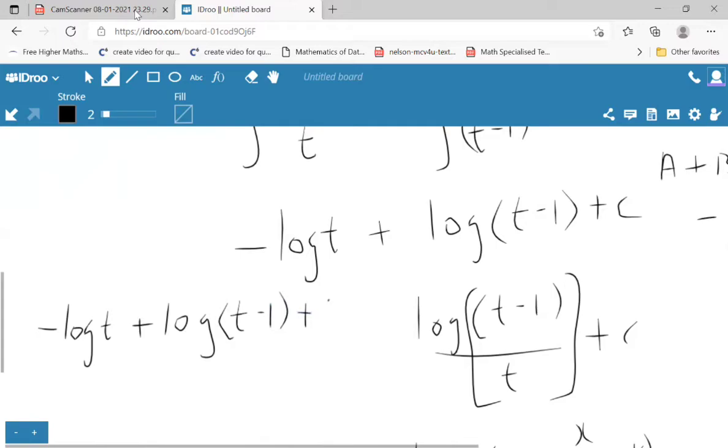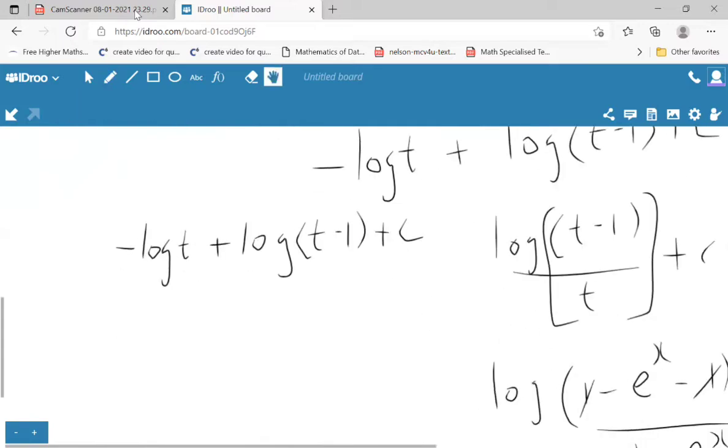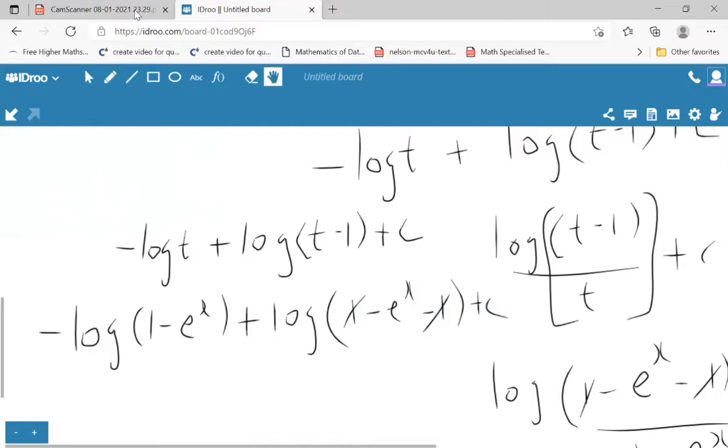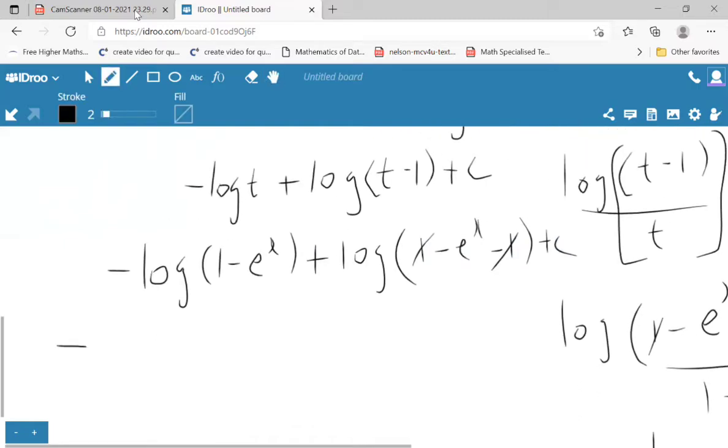Here itself, I'll substitute the value for t. So that will give you minus log of 1 minus e to the power of x plus log of 1 minus e to the power of x minus 1 plus c. Here 1 and 1 will get cancelled. So what do you get now? Minus log of 1 minus e to the power of x minus log of e to the power of x.